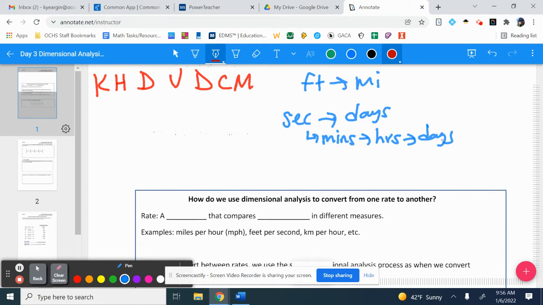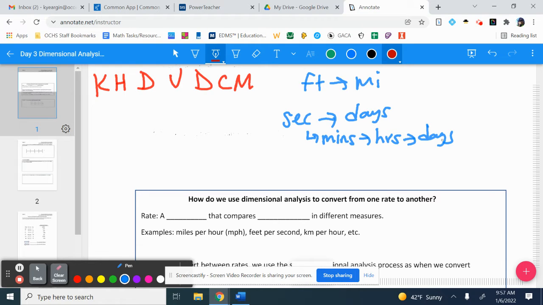So using all of this knowledge that we have from yesterday, we're going to build on that today, and we're going to convert two things at the same time. So instead of just going from seconds into days, now we're going to take miles per hour and convert that into feet per second. So we're making two unit conversions all at the same time.